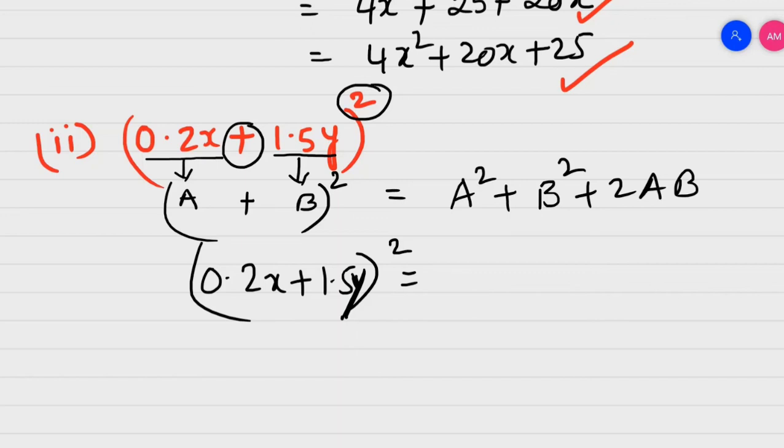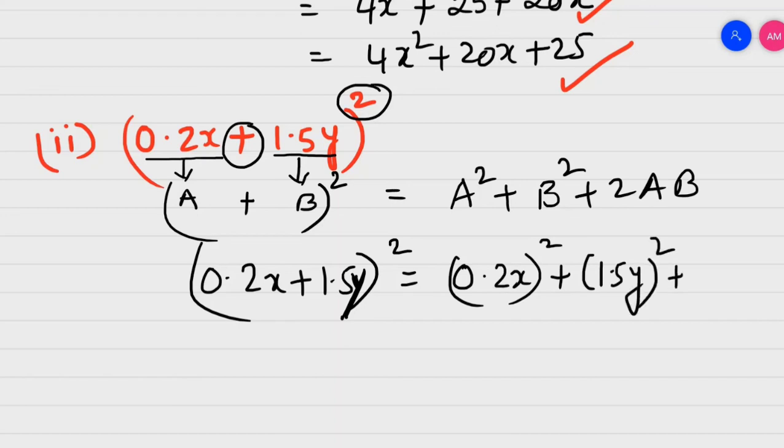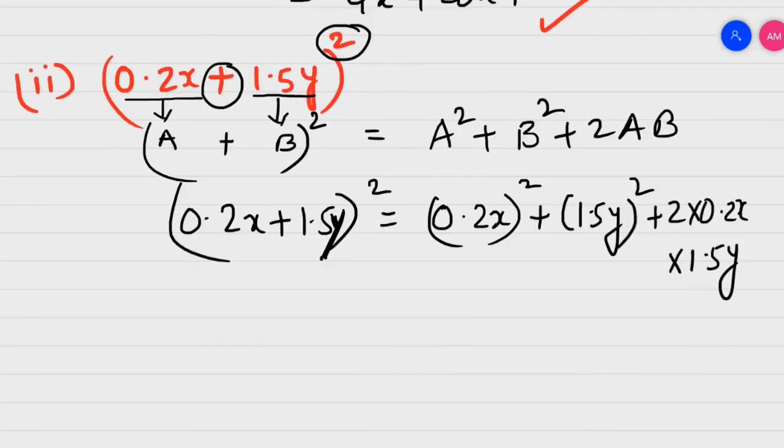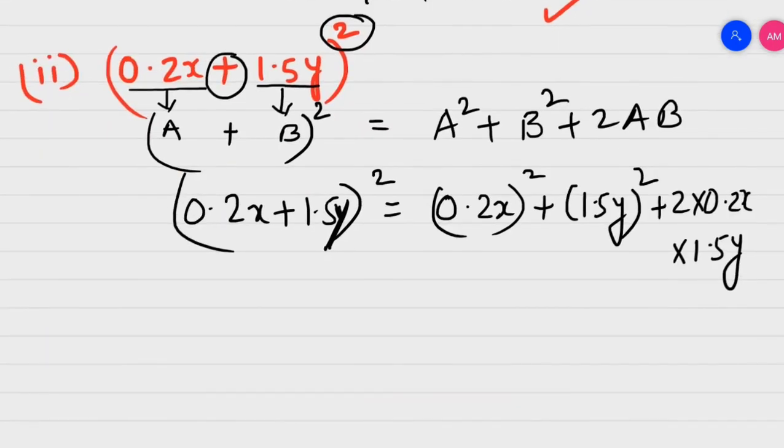So it is equal to (0.2x) whole square plus (1.5y) whole square plus 2 into 0.2x into 1.5y. So this is how you will move forward. You need to have excellent calculation skills. If you do not have those calculation skills, you will get a wrong answer.